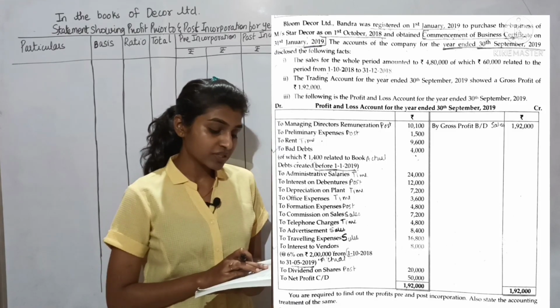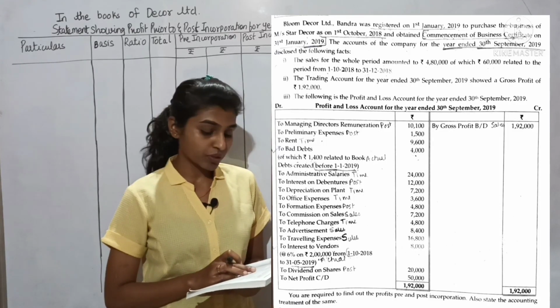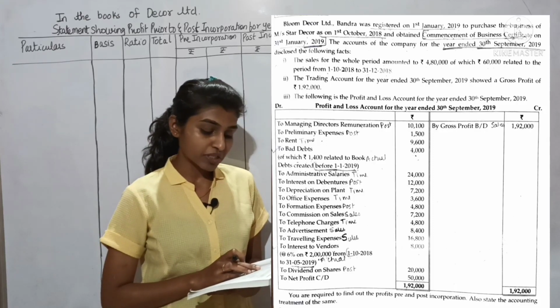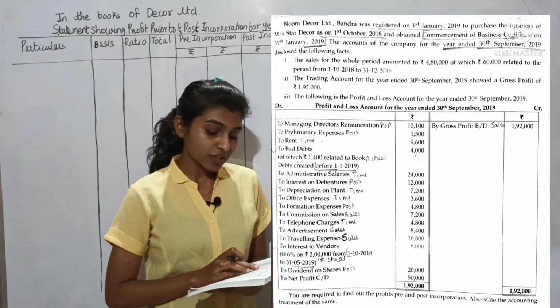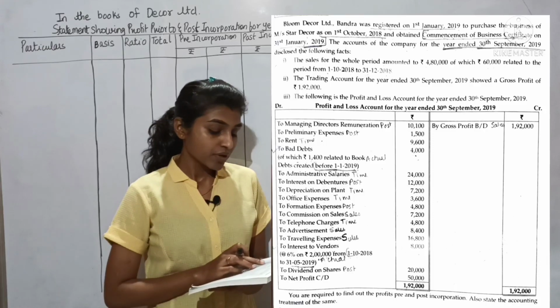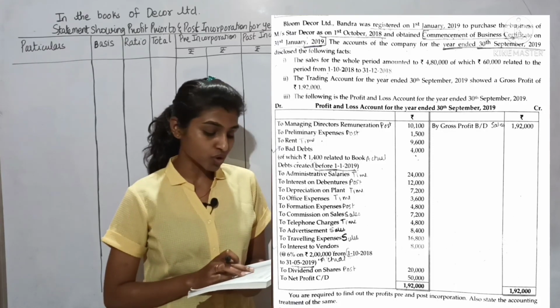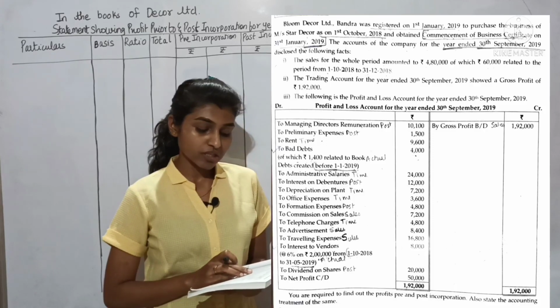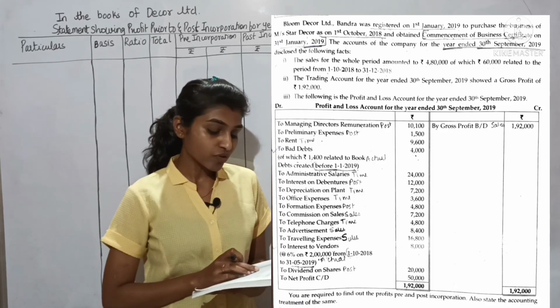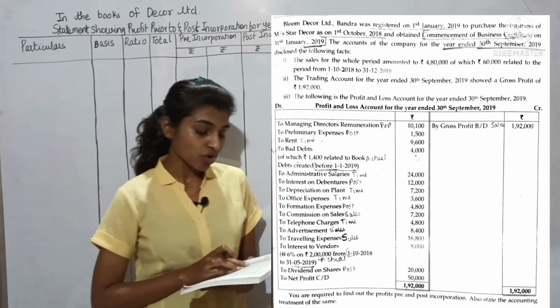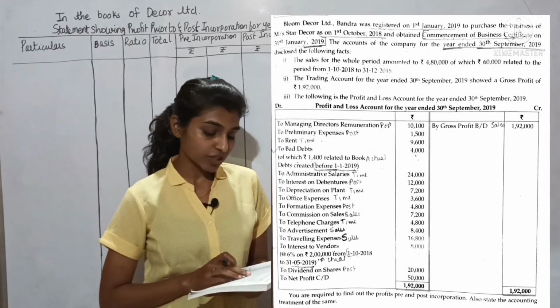Then administrative salaries, it is to be given on the basis of time ratio. Then interest on debentures, post. Depreciation on plant, time. Office expenses, time. Formation expenses, post. Commission on sales, sales ratio. Telephone charges, time ratio. Advertisement, sales ratio. Traveling expenses, sales ratio.